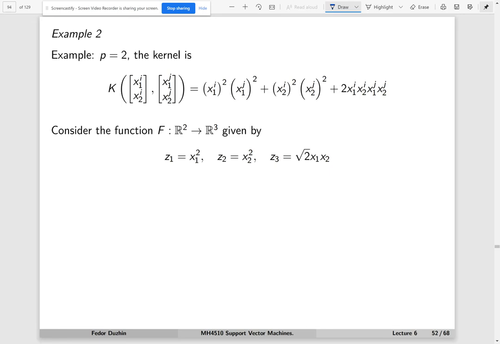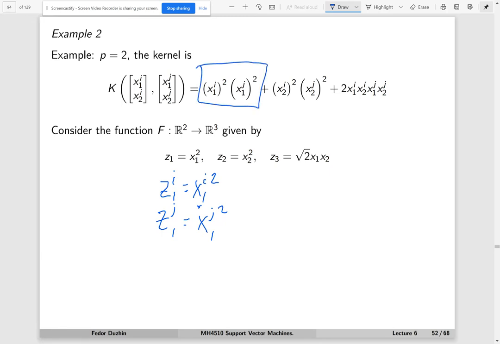Right, so this is the same as considering this function from R2 to R3, because now if we have this function, say we have z1i, z1j, this is going to be x1i squared, this is going to be x1j squared, and then when we calculate the product, we multiply them, and this is going to give us the first term, and so on, right?